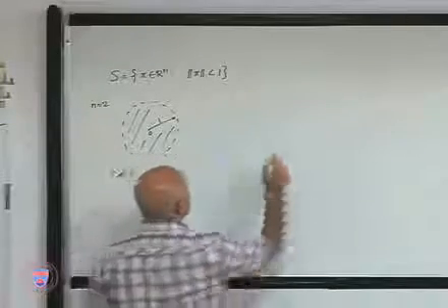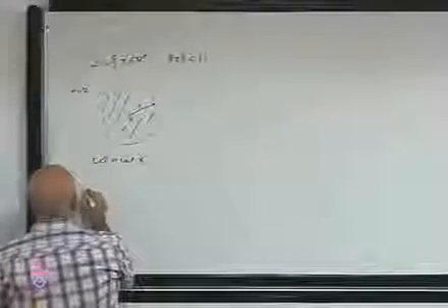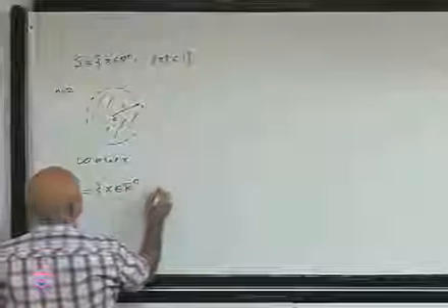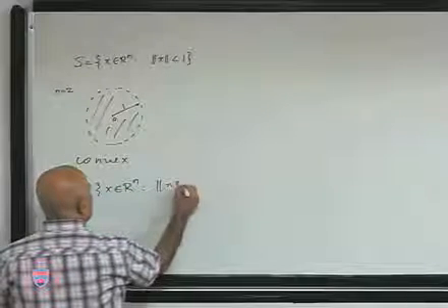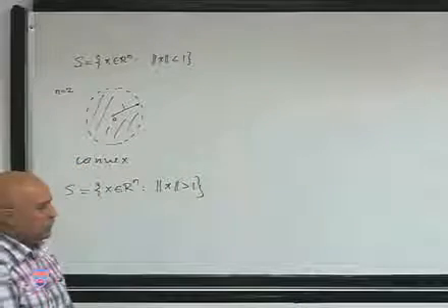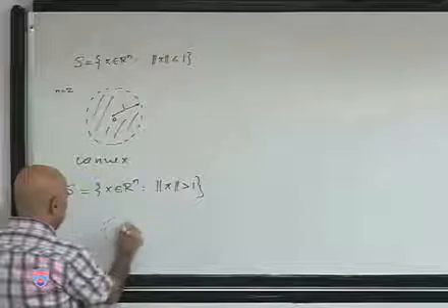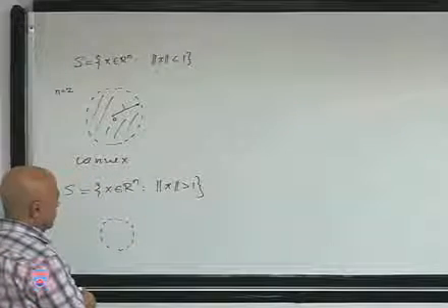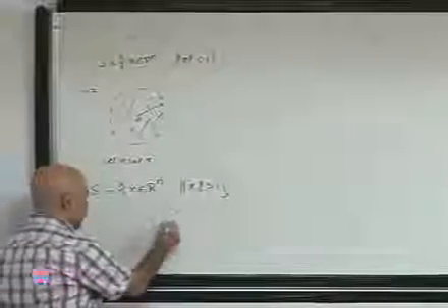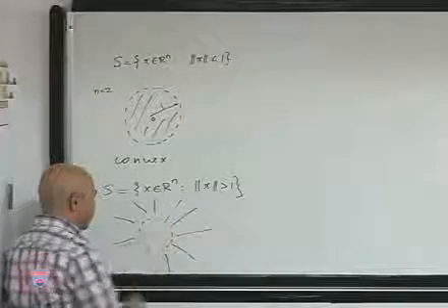How about the set, for example, defined by essentially the same thing, except that I have greater than 1 now. Now this time, of course, we've got the same disk. The boundary is still not included. The points that are included are those points outside. Okay?